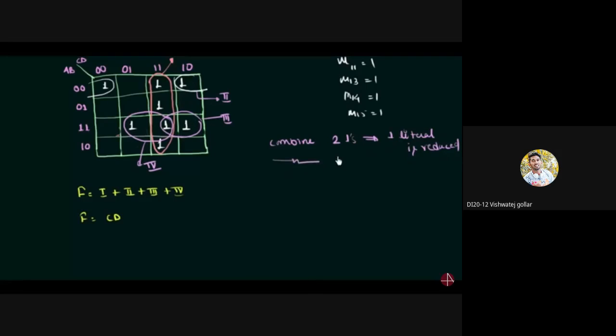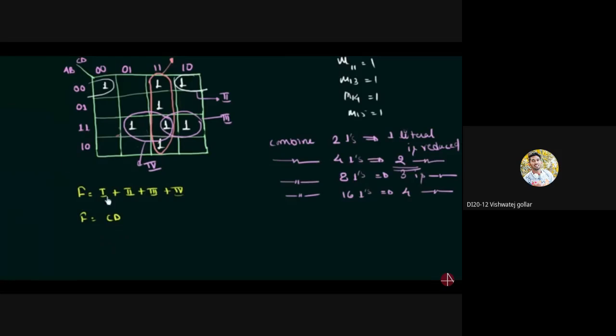When you combine 4 ones, 2 literals are reduced. Similarly, when you combine 8 ones, 3 literals are reduced, and when you combine 16 ones, 4 literals are reduced. In this, we have combined 4 ones, and there are in total 4 variables. So by combining 4 ones, 2 literals are reduced, and those are A and B. So we are left with CD.